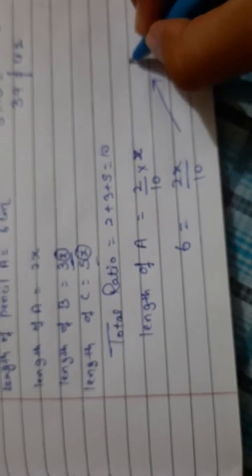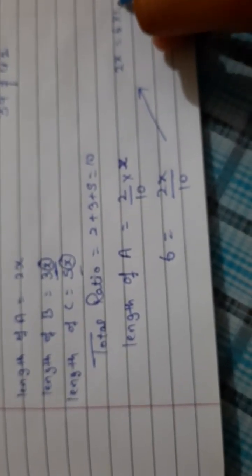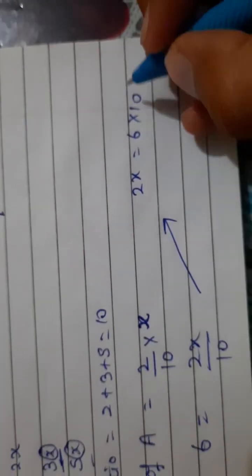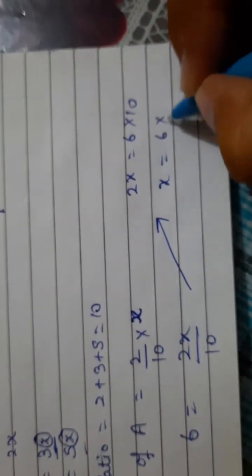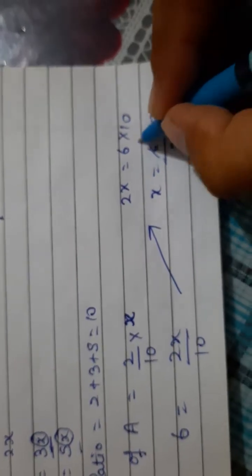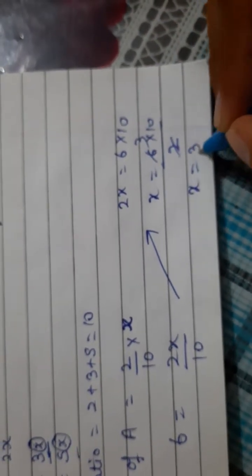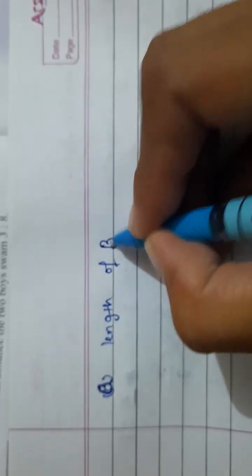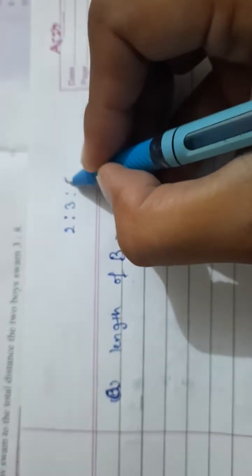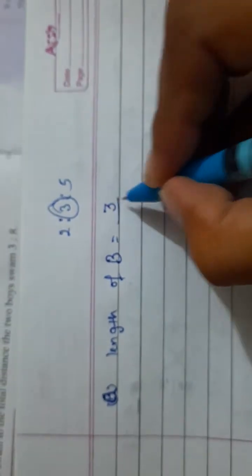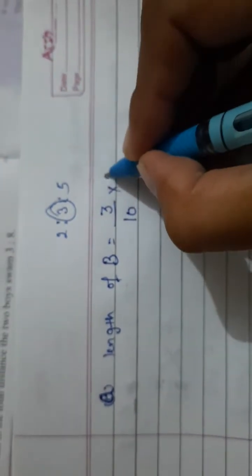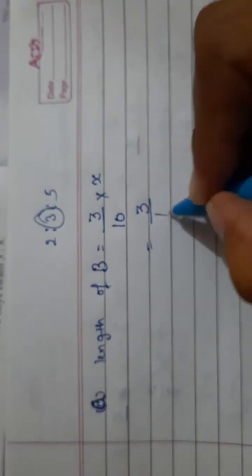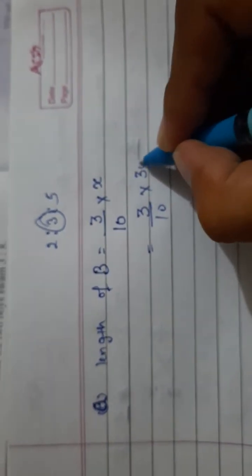From here 2x is equal to 6 into 10, x is equal to 6 into 10 by 2. x came 30. But we have to calculate the length of B. The ratio of B is 3, by total ratio 10, multiply by x. 3 by 10 into x, what came 30.